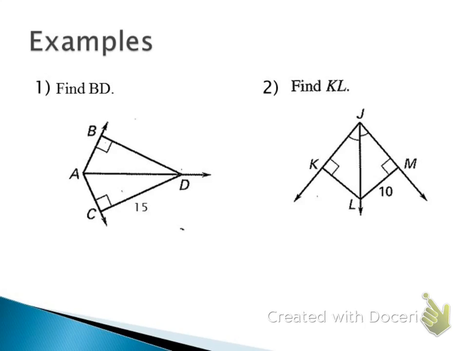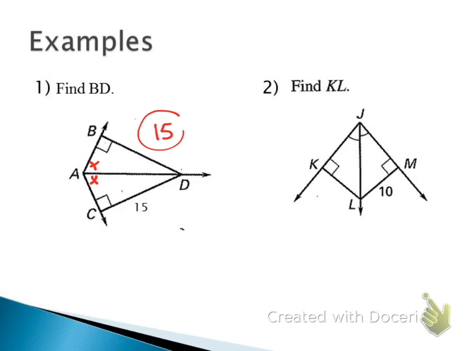So if I am looking at this, I have an angle bisector. Those are supposed to be labeled as congruent, so go ahead and add that. AD bisects BAC. And I'm looking for the length of BD. Anybody know? 15.